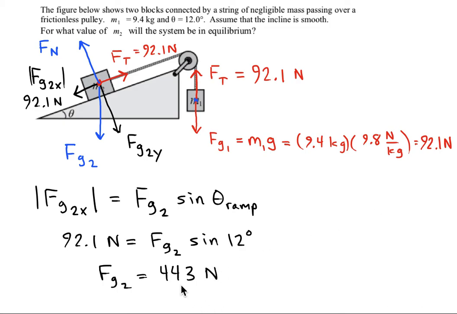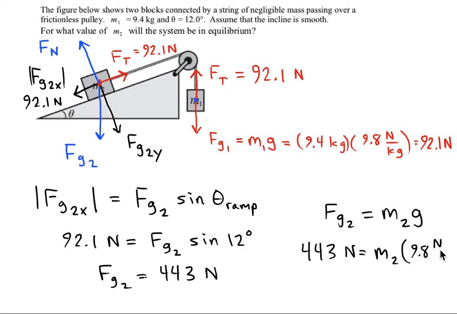Now we would just use the weight formula in reverse here. Fg2 equals m2g, and we can solve for m2. It's 45.2 kilograms.